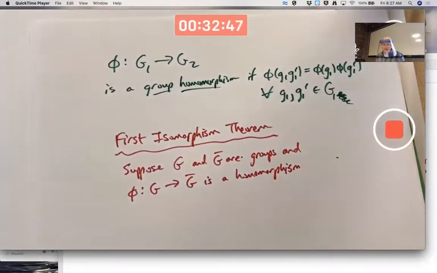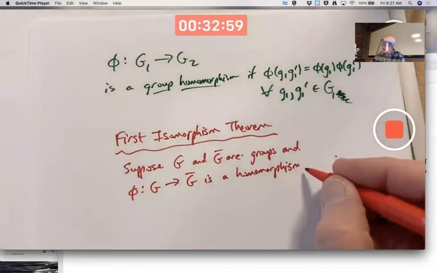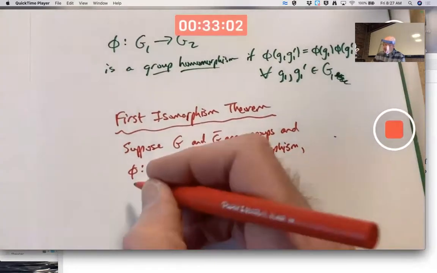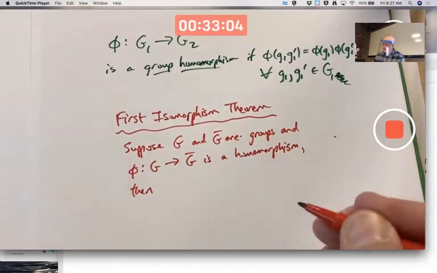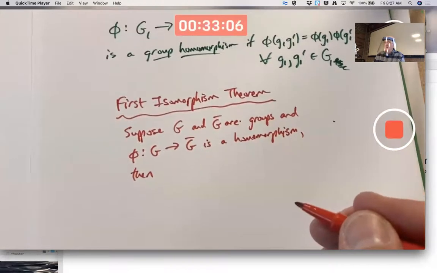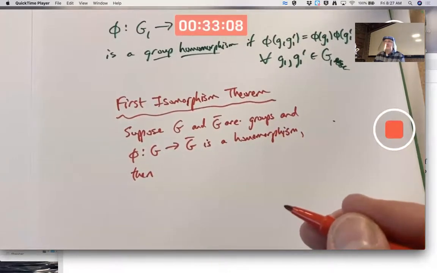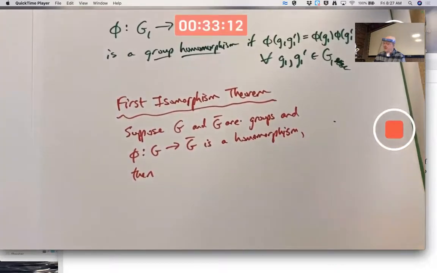Our book might also assume that's onto. I'm forgetting. No, it doesn't. Okay, that's fine. I was not going to assume it's onto. Then, well, I'm going to say a little less than the book does here. The book says a little bit more than what I'm going to say here.